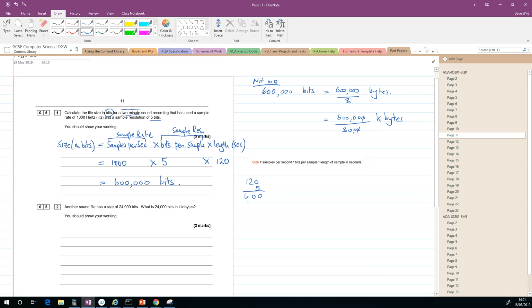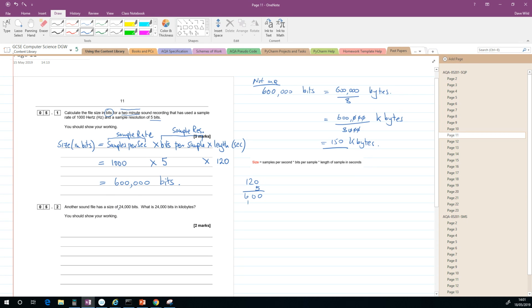Okay, and then we can cancel down some zeros, and we get 600 divided by 8, which is 300 divided by 4, which is 150. 150 kilobytes, if you wanted it that. Anyway, you're asked just to leave it in bits, which is fine.